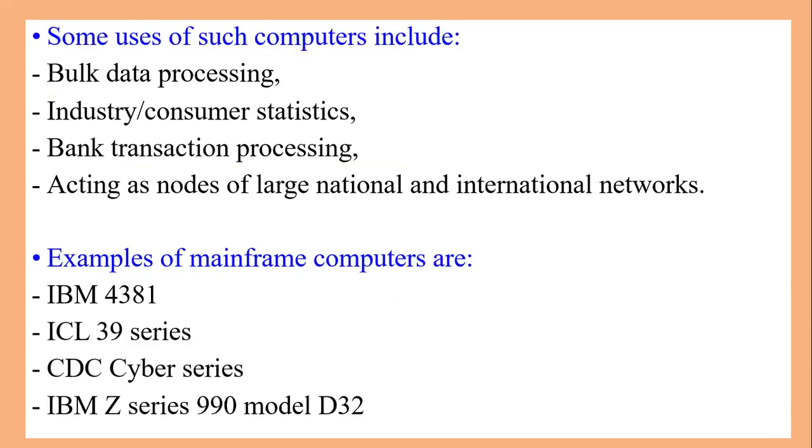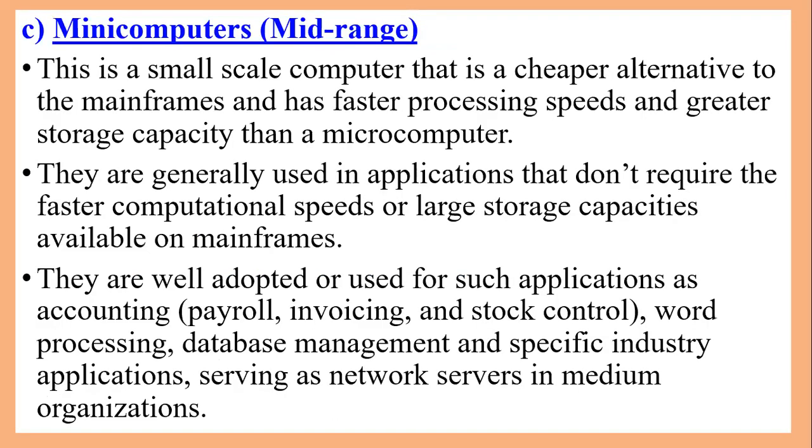Some uses of such computers include bulk data processing, industry consumer statistics, bank transaction processing, and acting as nodes of large national and international networks. Examples of mainframe computers include IBM 4381, ICL-39 series, CDC Cyber series, and IBM Z series 990 Model D-32.